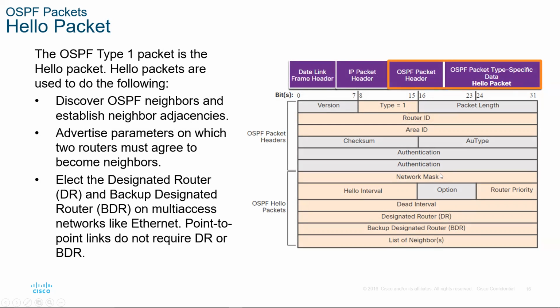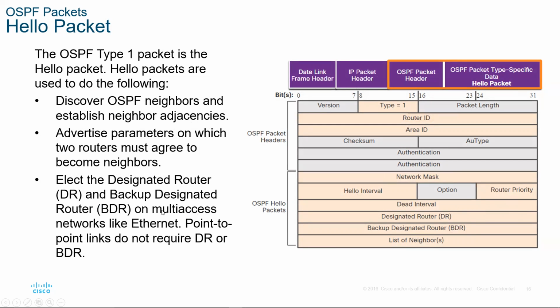All right. Other little quick thing, network mask. This is where the networks are residing. Router priority can be used in the election of the designated router and backup designated router.